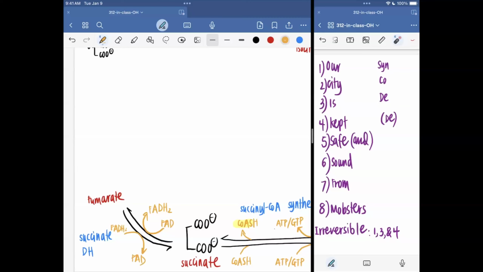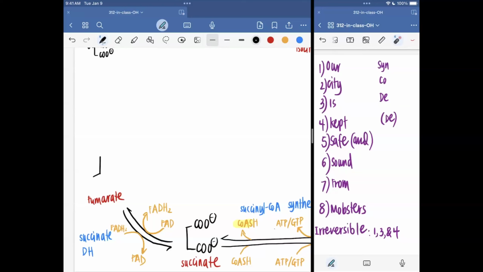And the reverse is true if we're looking at the reverse reaction. So now that we've had the activity of succinate dehydrogenase, we've taken succinate to fumarate. And so what does fumarate look like?